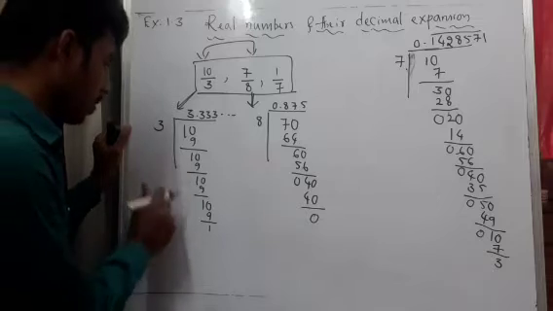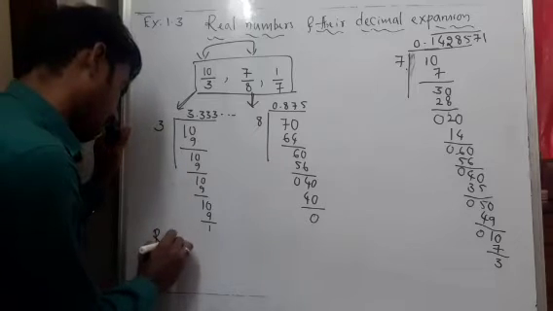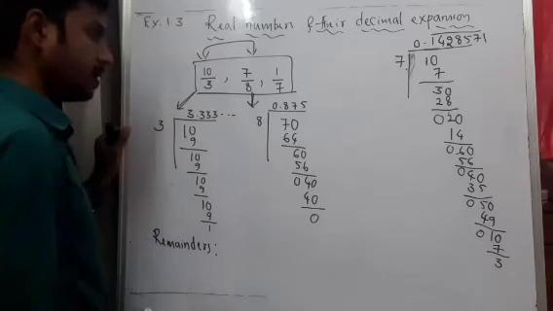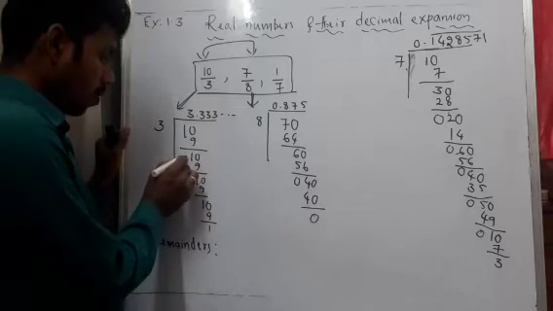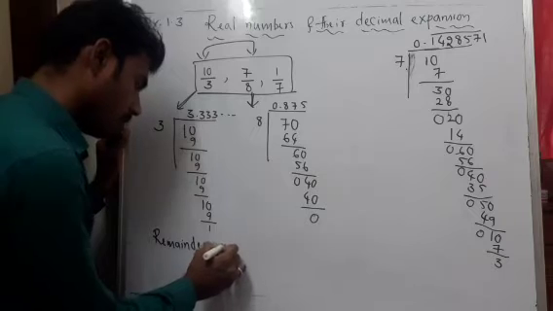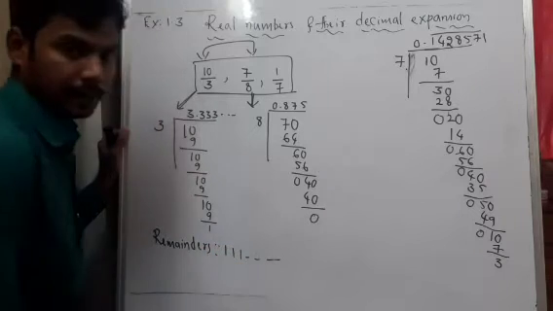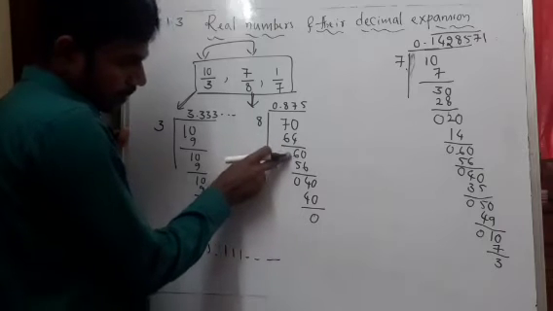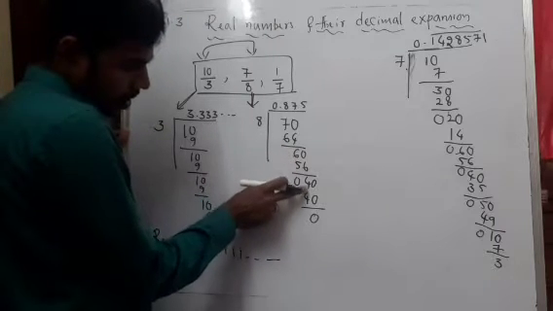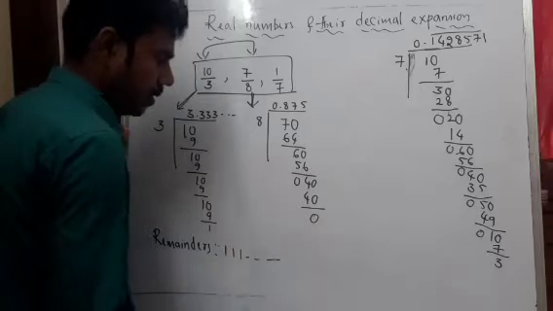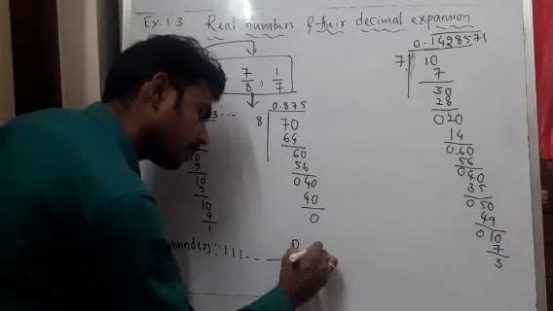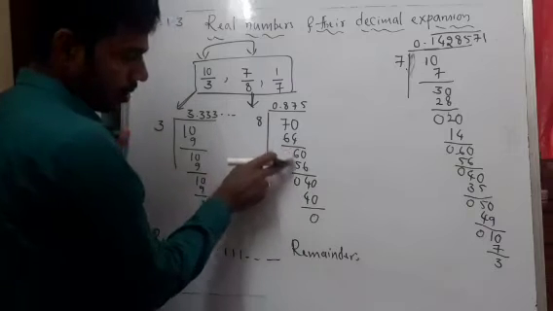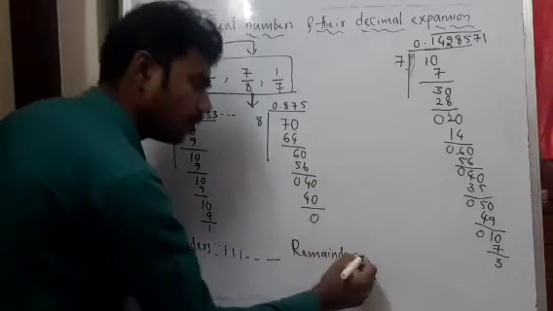What are the remainders here? The remainders are 1, 1, 1, it is repeating. Here the remainders are 6, 4, 0.